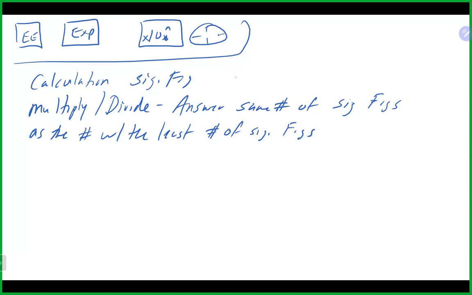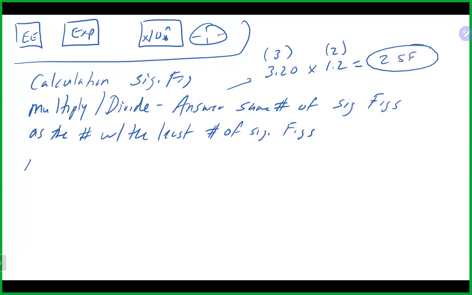So if we took 3.20 times 1.2, this is 3 sig figs. That is 2 sig figs. Our answer should end up with 2 significant figures in this particular case.